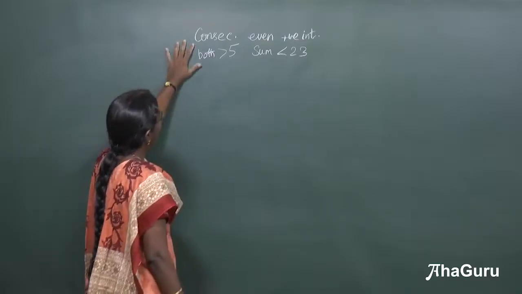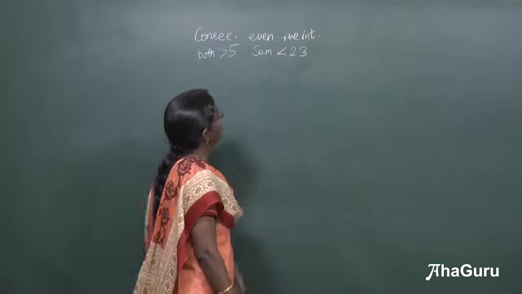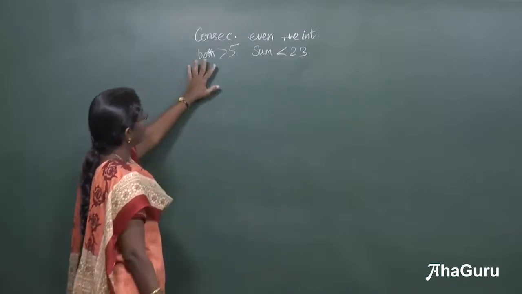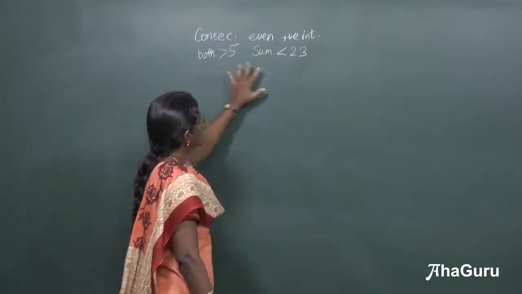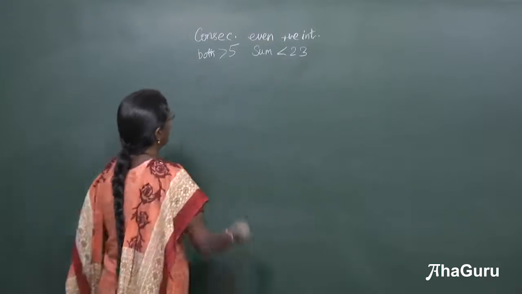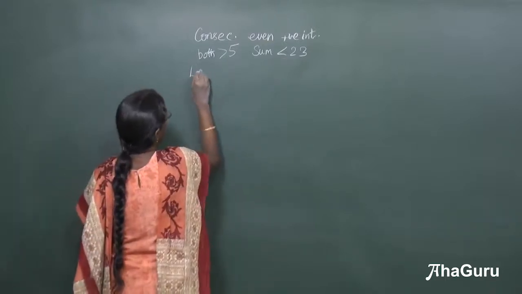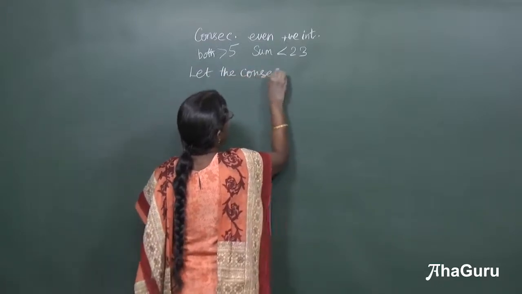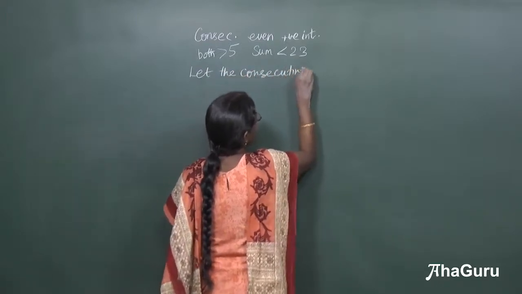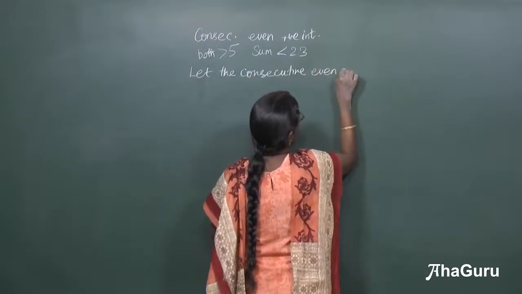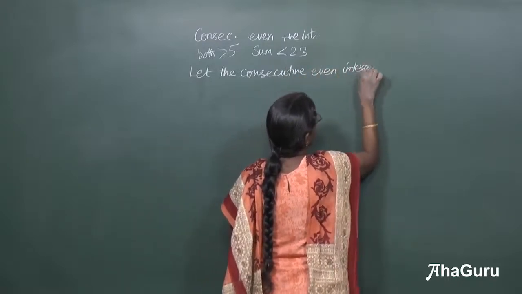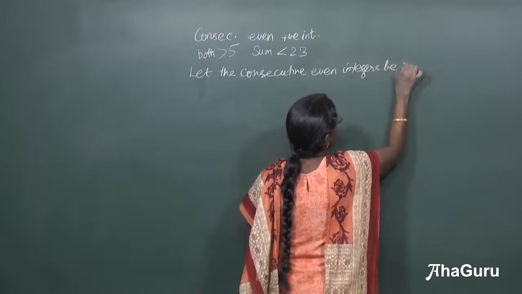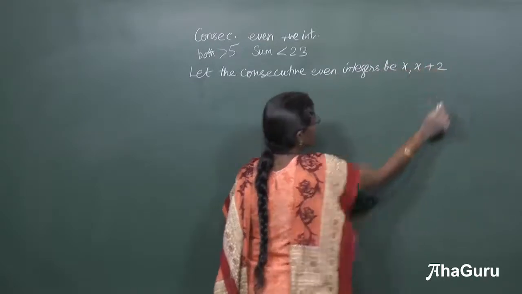We have to find all the pairs of consecutive even positive integers, both of which are greater than 5 and the sum is less than 23. We will now consider the consecutive even integers to be some x and x plus 2.